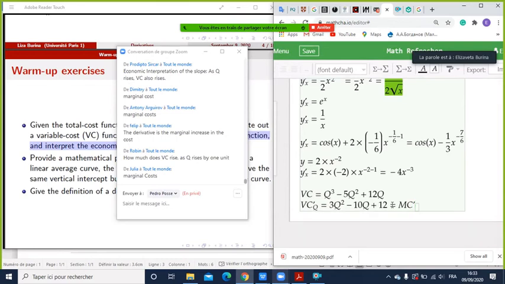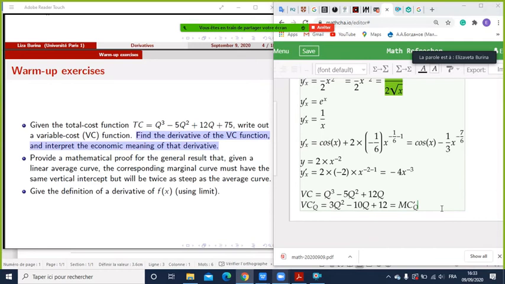And why am I asking, like, is something special? I'm asking because you might know the definition of marginal cost in general as the first derivative of the total cost with respect to Q, right?